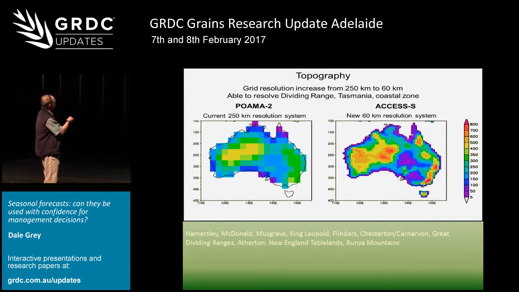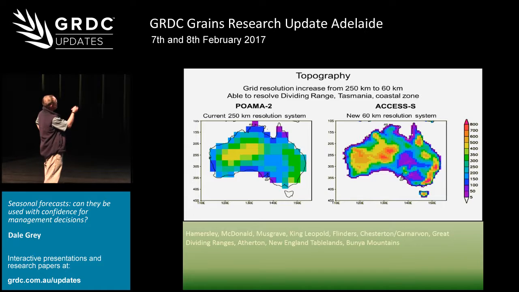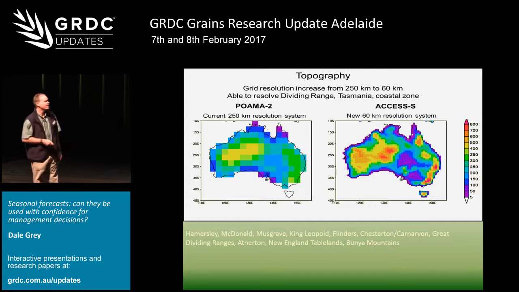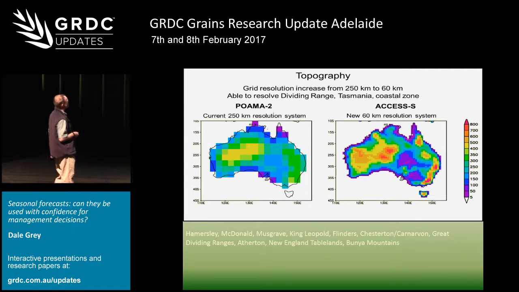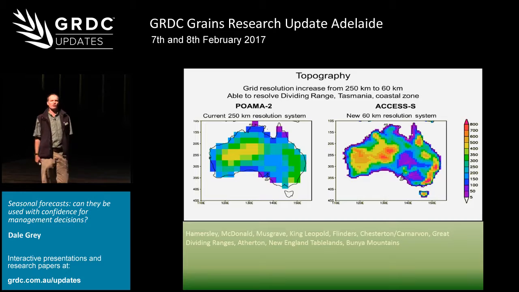So you can see much better resolution of things like the King Leopold Range, the Atherton Tablelands, the New England tablelands, and even the Western Tiers in Tasmania now appear in this model, whereas before they really never did. So one part of improvement in accuracy is actually better resolving the real world that the models are actually seeing.